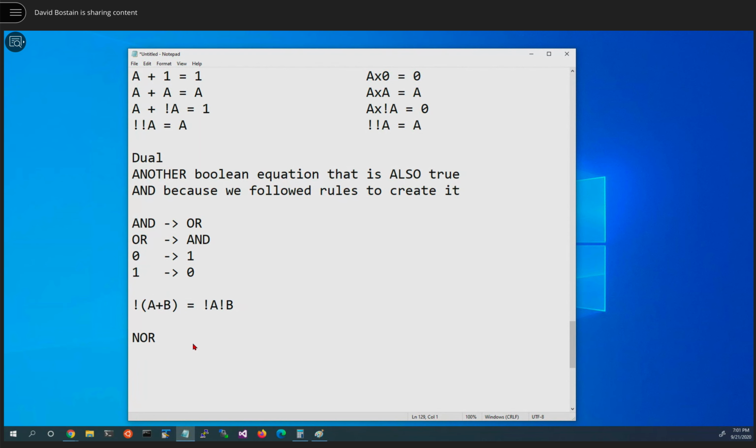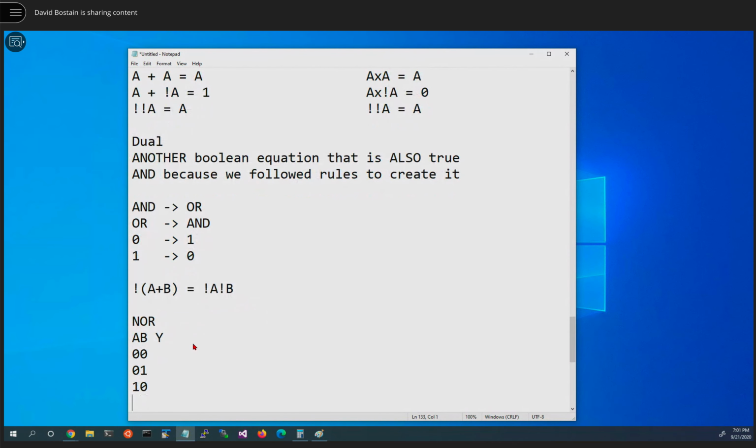So we have an A and a B and a Y: 0, 0, 0, 1, 1, 0, 1, 1. If we did the OR, we'd have 0, 1, 1, 1. But this says reverse them. So for a NOR, the 1 happens here. All the rest of them are zeros.